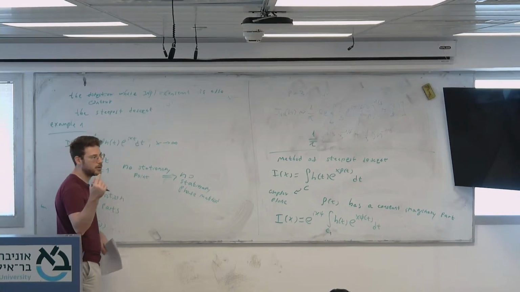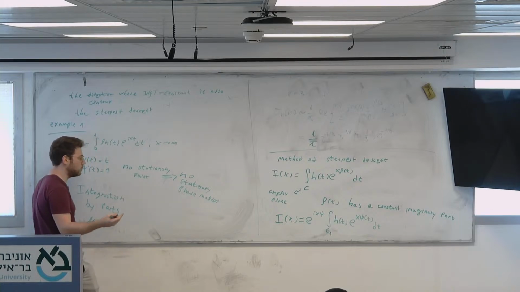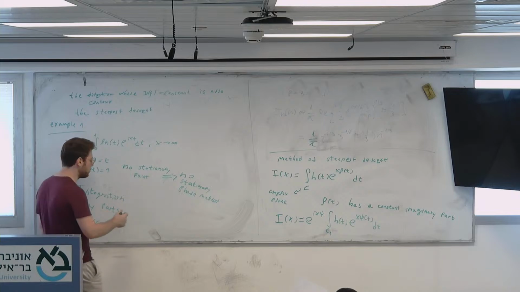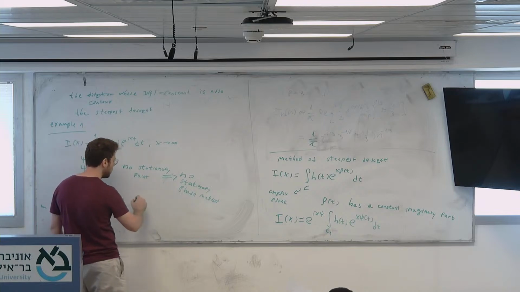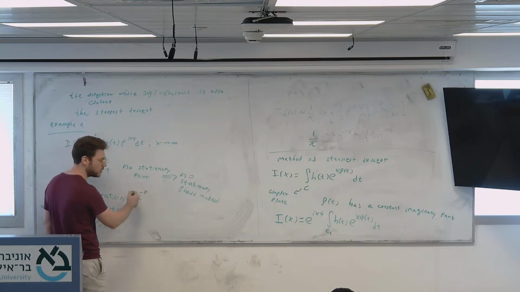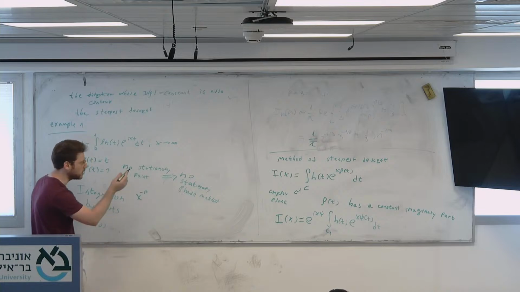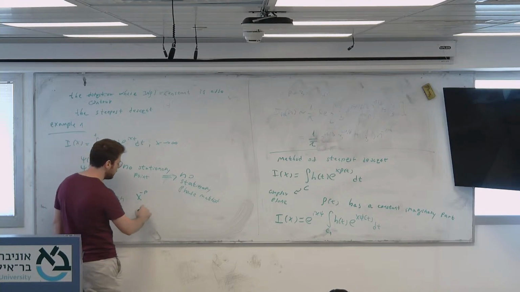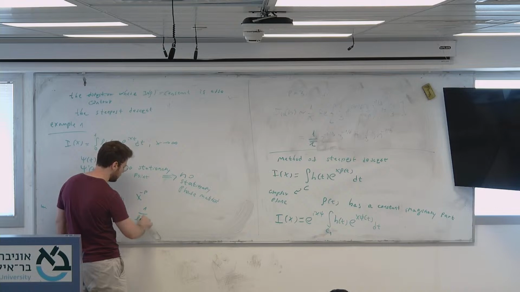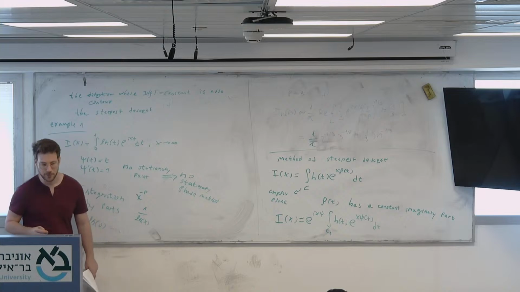And the idea is that if the expansion is in powers of x to the power of minus p, then you can use integration by parts. But if your behavior is not like this, then integration by parts won't give you the correct answer. And you will see in a second the correct answer is 1 over ln of x. So integration by parts can never give you something like that.